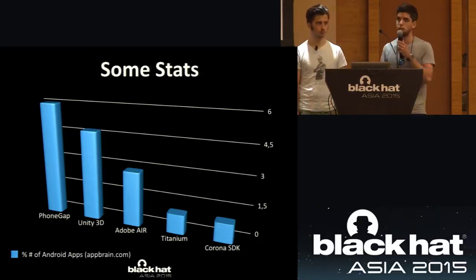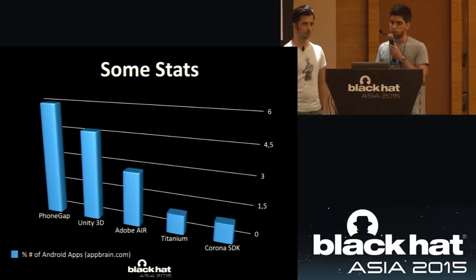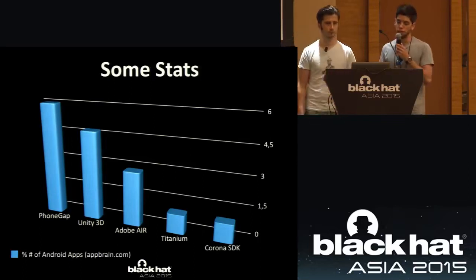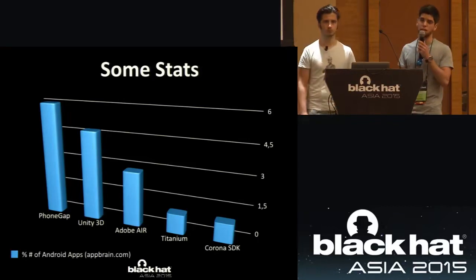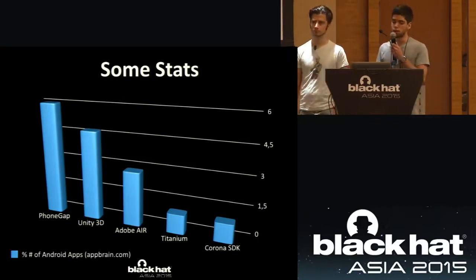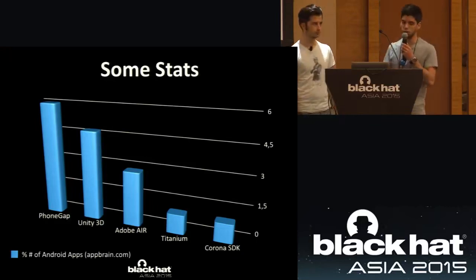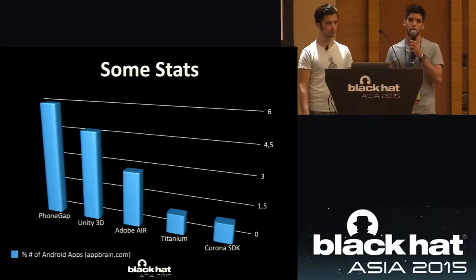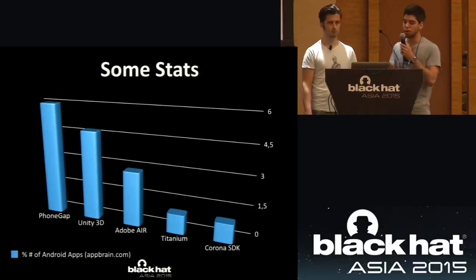Nowadays it is used by approximately 6% of applications in the Play Store. Then we have Unity 3D and Corona SDK, which are both used for the same purpose, game development. And we also have Adobe Air and Titanium Framework, and we all know Adobe Air already, it is very famous because of the vulnerabilities in its source code.